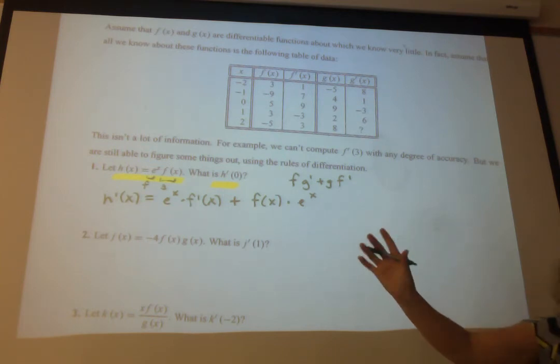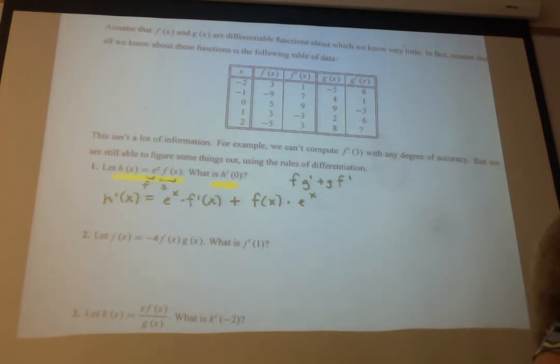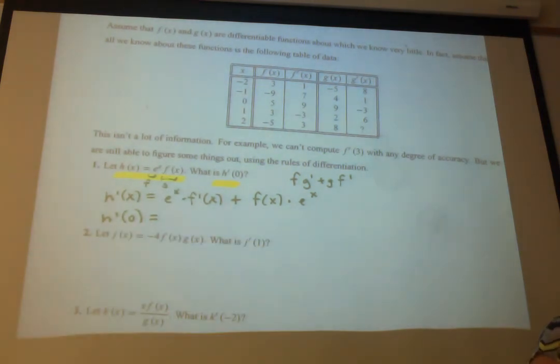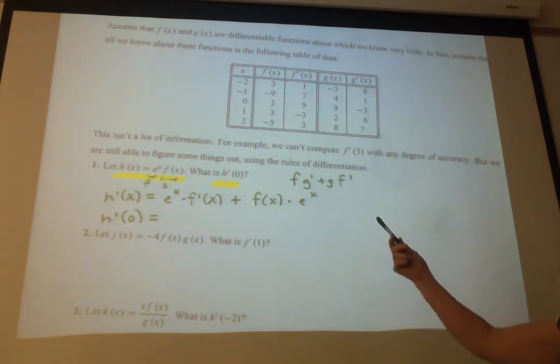I could simplify that, but I don't need to because I'm trying to find this at 0. So I'm going to go back and put in 0, which means wherever there's an x, I'm putting a 0.